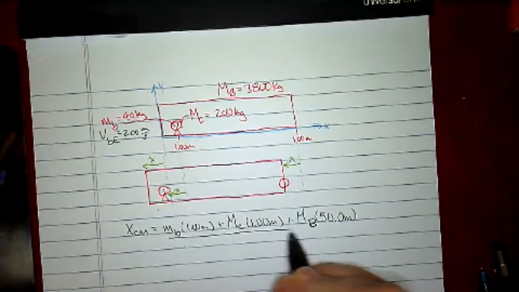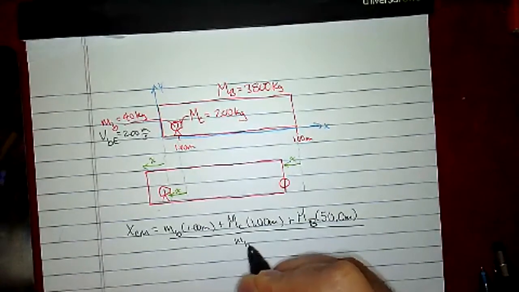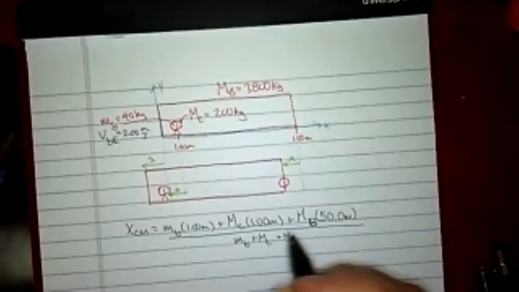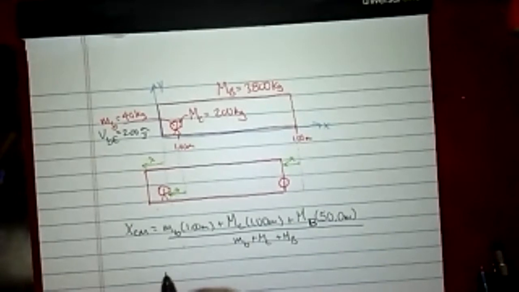Now all of that will be divided by the total mass, which is little m_B plus M_C plus big M_B, which equals 4,040 kilograms. Okay, so if I go ahead and calculate all this, it's not as bad as it sounds.